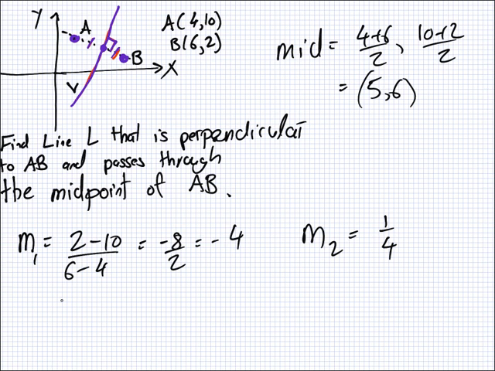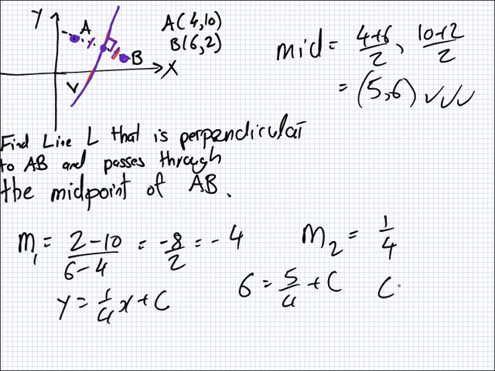So you have y equals a quarter x plus c. Now I have to use this point. 6 equals 5 quarters plus c. So c is 6 minus 5 quarters. 19 quarters? 19 over 4? Is that right?